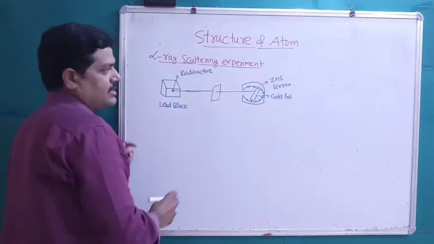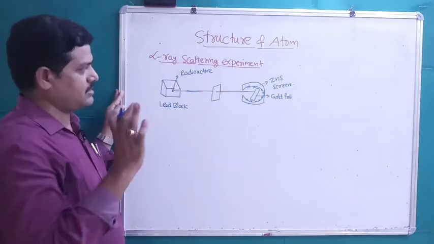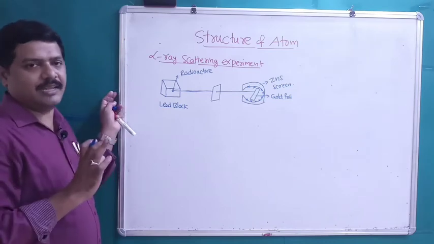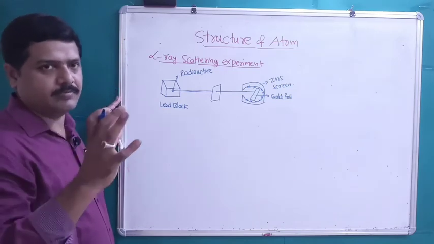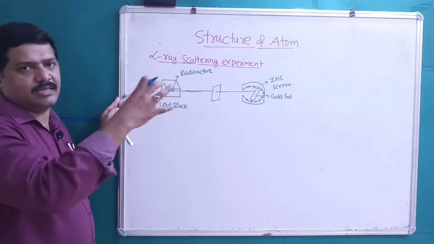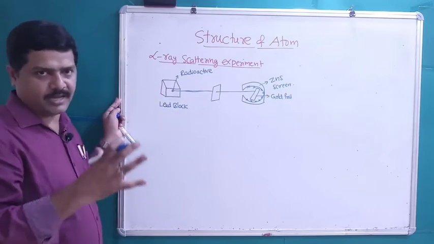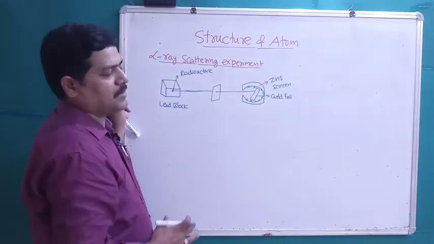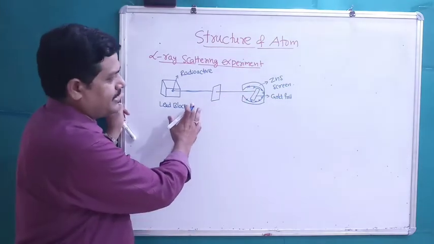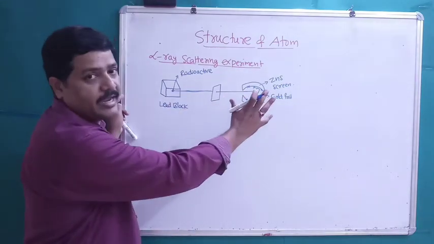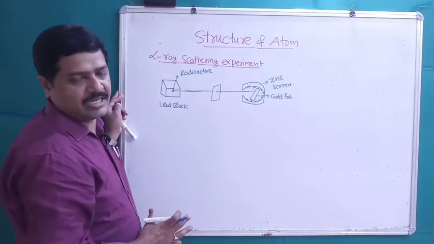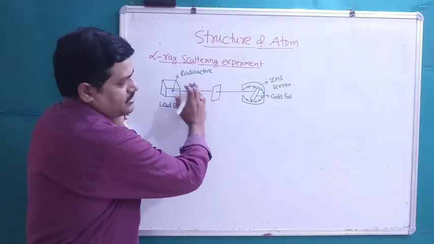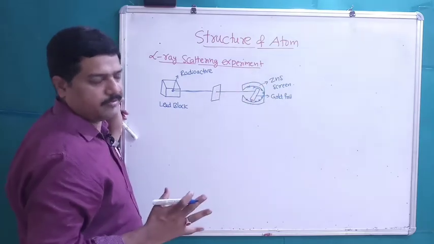When he did this experiment, he was really surprised, because earlier Thomson had said that the entire mass of the atom is spread throughout the sphere. But in the alpha ray scattering experiment, most of the alpha particles passed straight through the gold foil without any deflection.